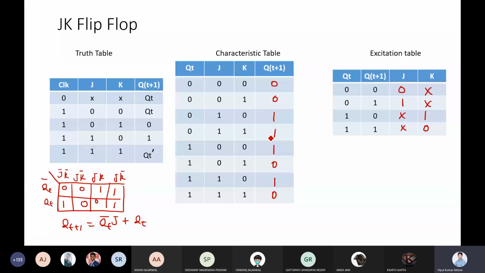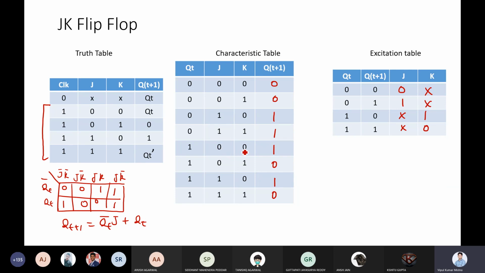Let's do a quick revision from your end as well. When Qt is 0 and JK is 0, 0, it is not impacting anything, it will remain the same, so Qt means it is 0. When JK is 0, 1, it will be 0. When JK is 1, 0, it will be 1. When JK is 1, 1, it will be 1.